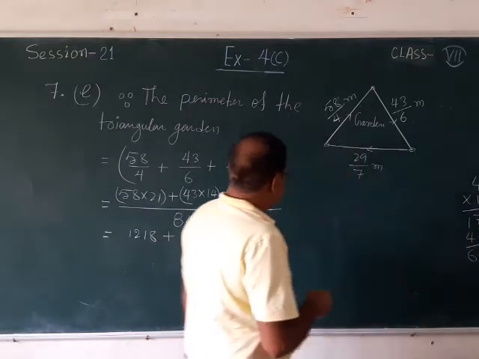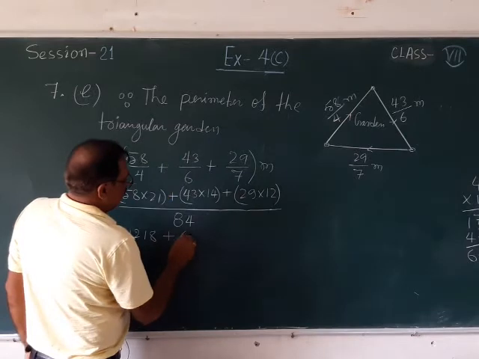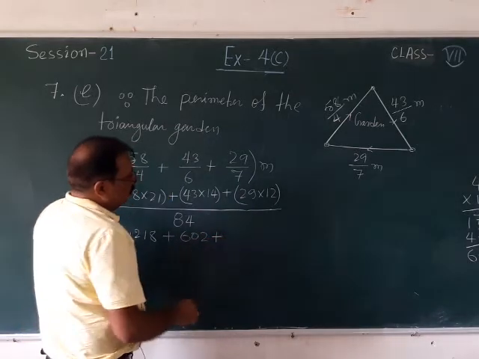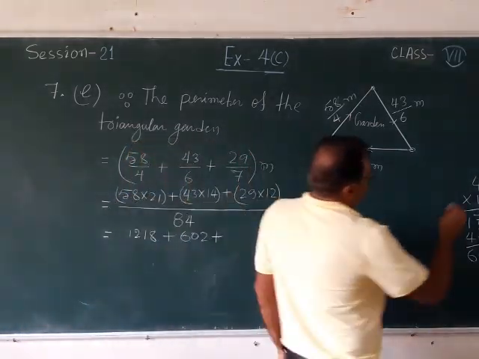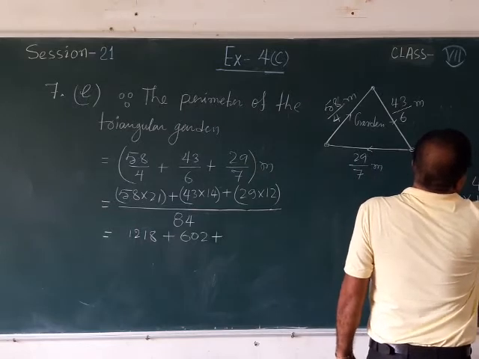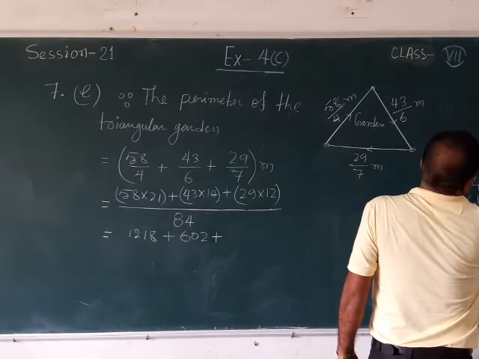That will be 602, plus 29 into 12, you do.